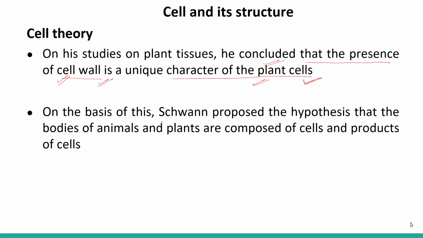On the basis of this, Schwann proposed the hypothesis that the bodies of animals and plants are composed of cells and products of the cells, right? So both came to a conclusion.